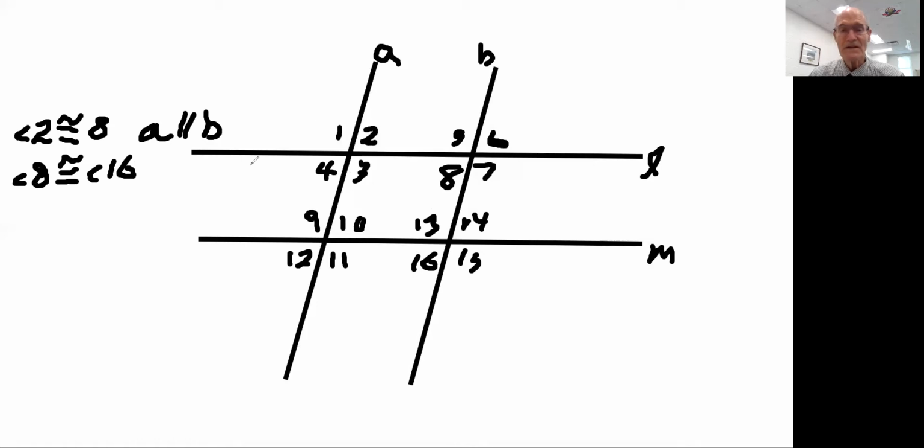And once again, line A here has nothing to do with angle 8 and angle 16. So I can't put A and B parallel, but I can put L and M parallel. So if angle 8 is congruent to angle 16, then line L is parallel to line M. So these are the types of problems that we did in this section.